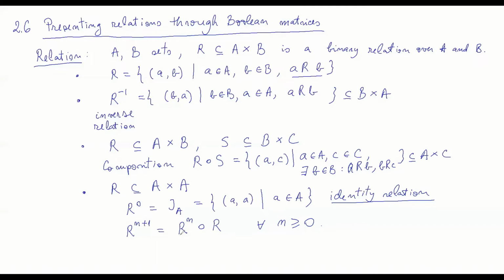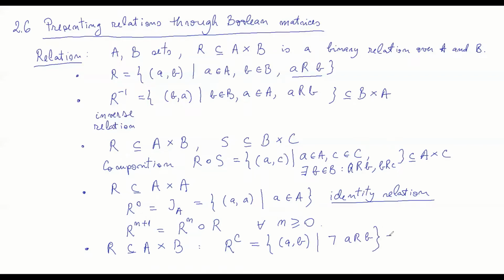Finally, I also define the complement. So if you have a relation R, this time in general over A times B, we define the complement to be really all the elements (a, b) such that they are not in relation R to each other.